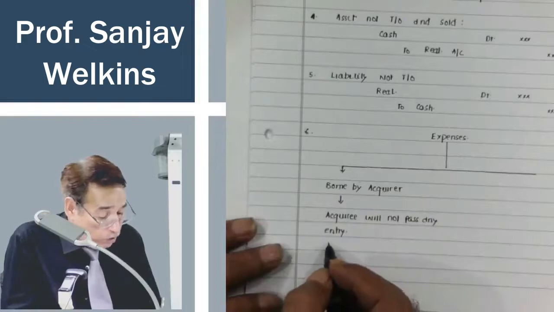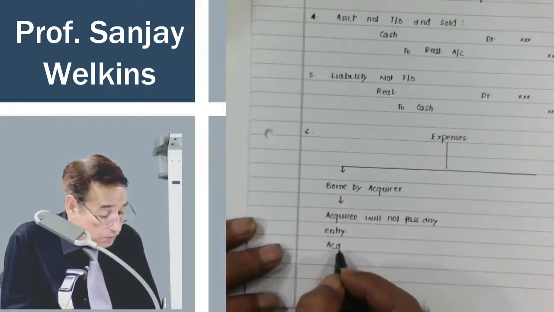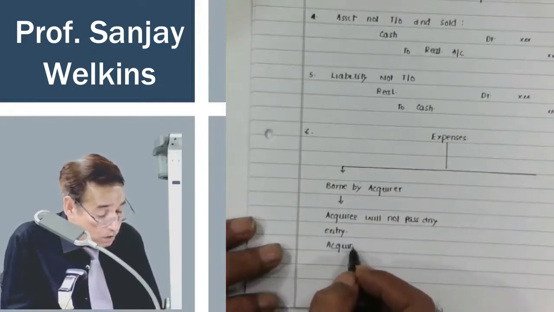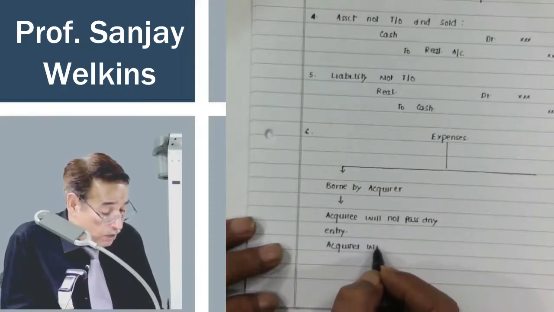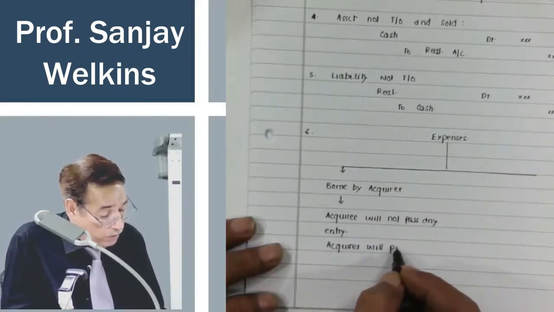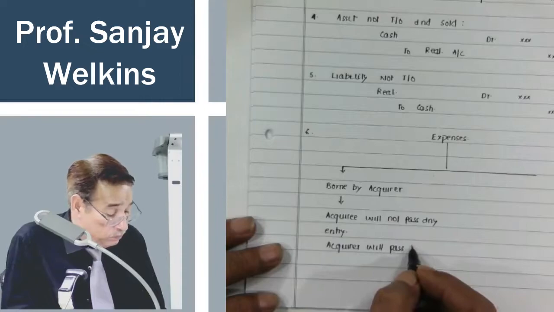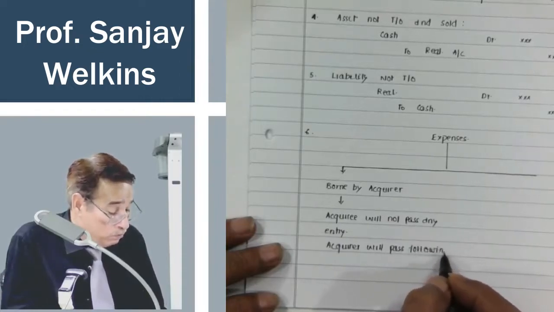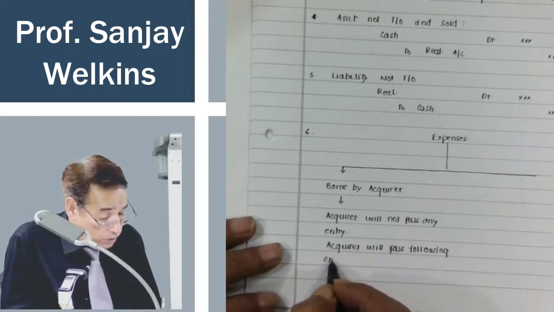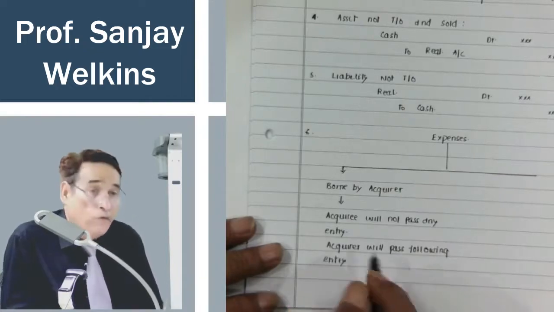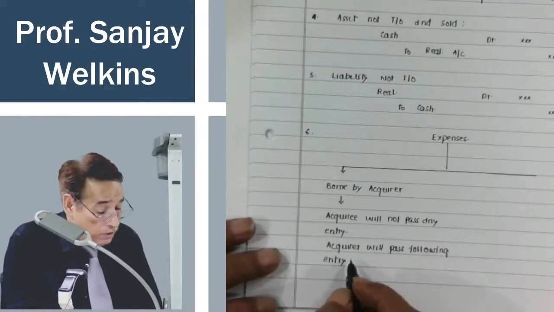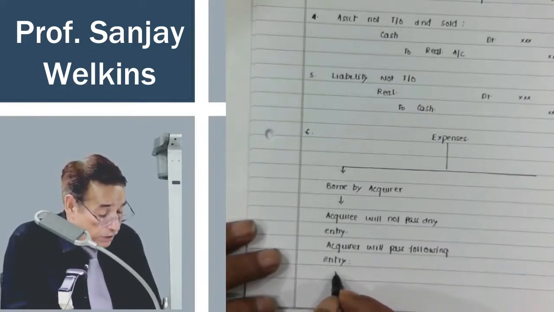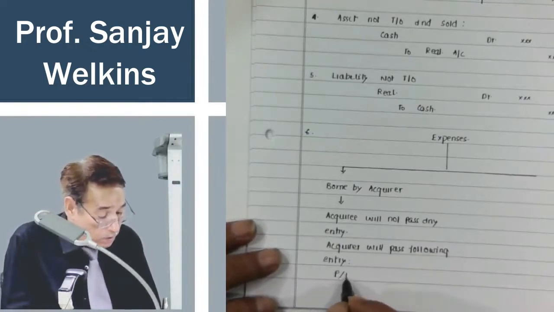Acquirer will pass the following entry. What will be that entry? The entry will be profit and loss account debit to bank account.